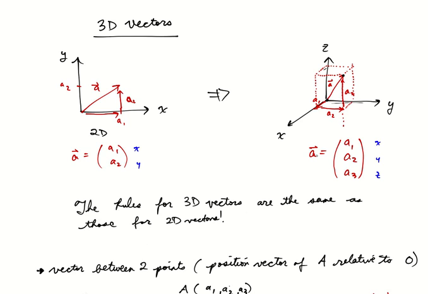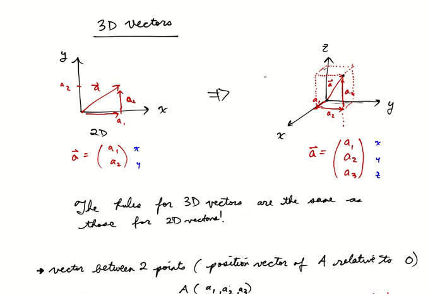Okay, now this is obviously talking about a vector that goes from 0 to another point. Remember we can move vectors around any way we want as long as we don't stretch them or tilt them. The same thing applies when we talk about vectors in 3D.